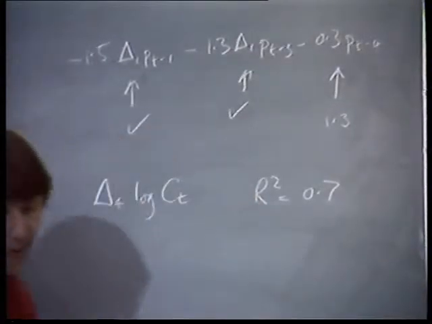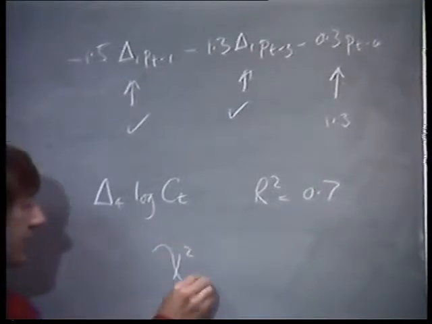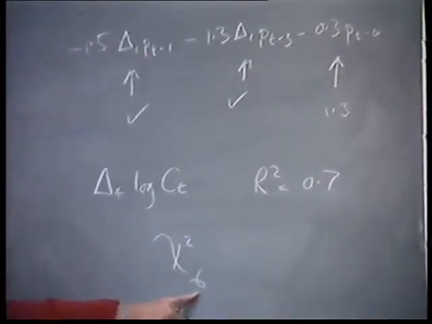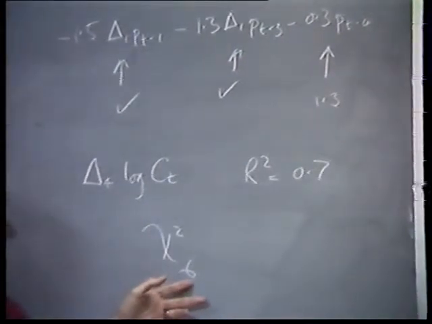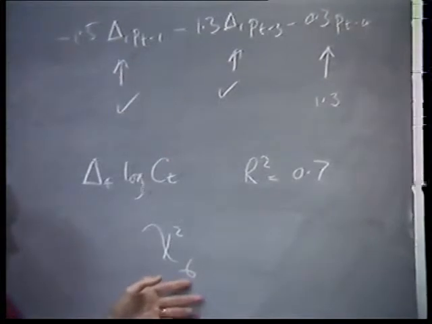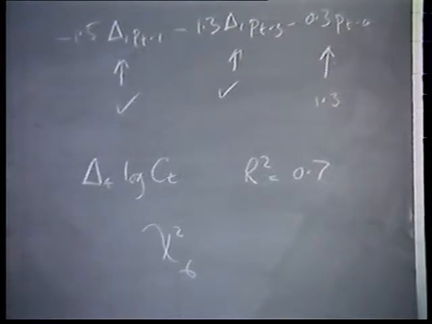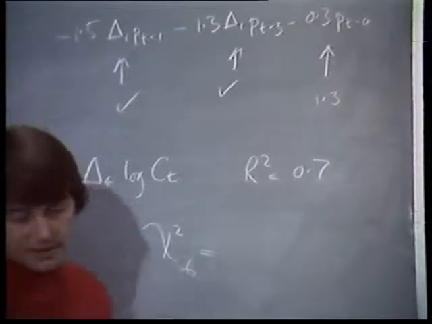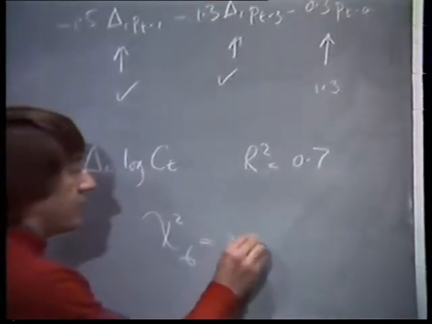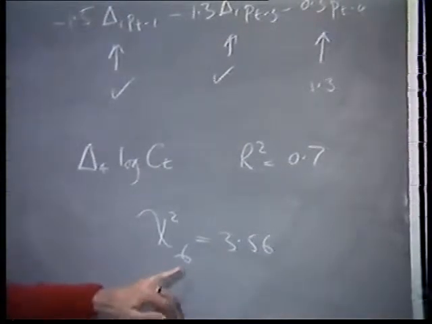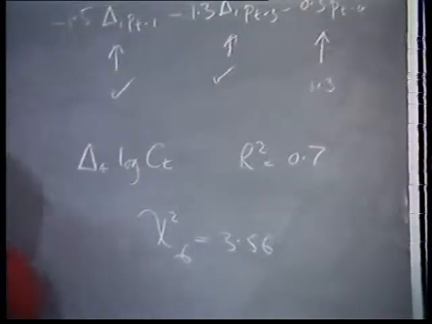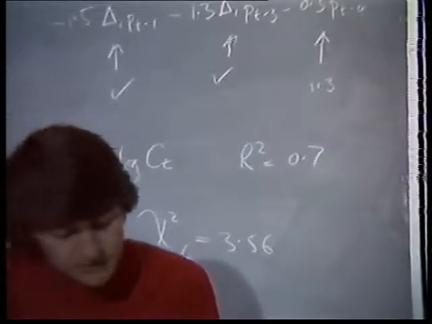In addition, we have the chi-squared statistic with 6 degrees of freedom, which is now using the 6 observations that we didn't use in the estimation of the model. We retain them for parameter stability tests. It's testing whether the parameters are stable in this forecast period, and that test statistic had a value of 3.56, which is clearly less than the critical values of a chi-squared with 6 degrees of freedom, again, at most significance levels you would want to use.